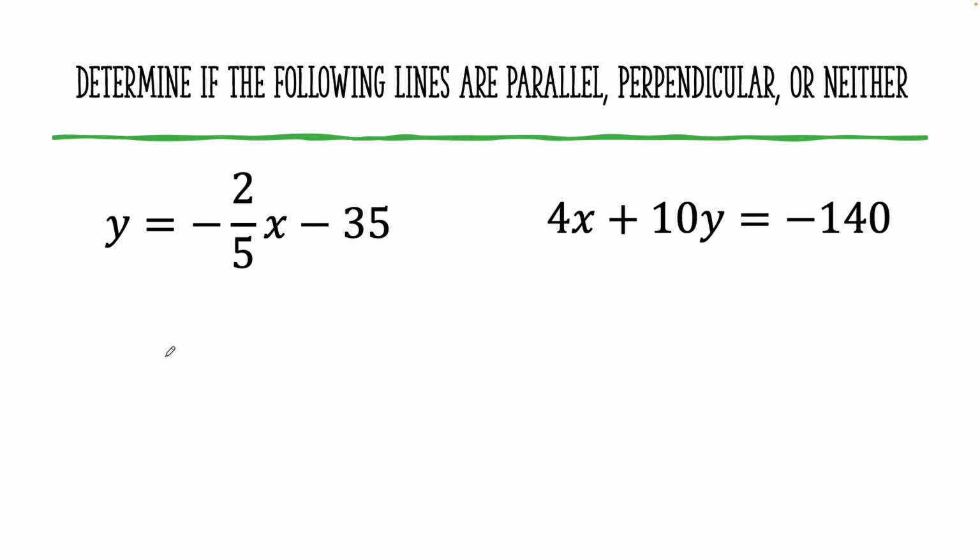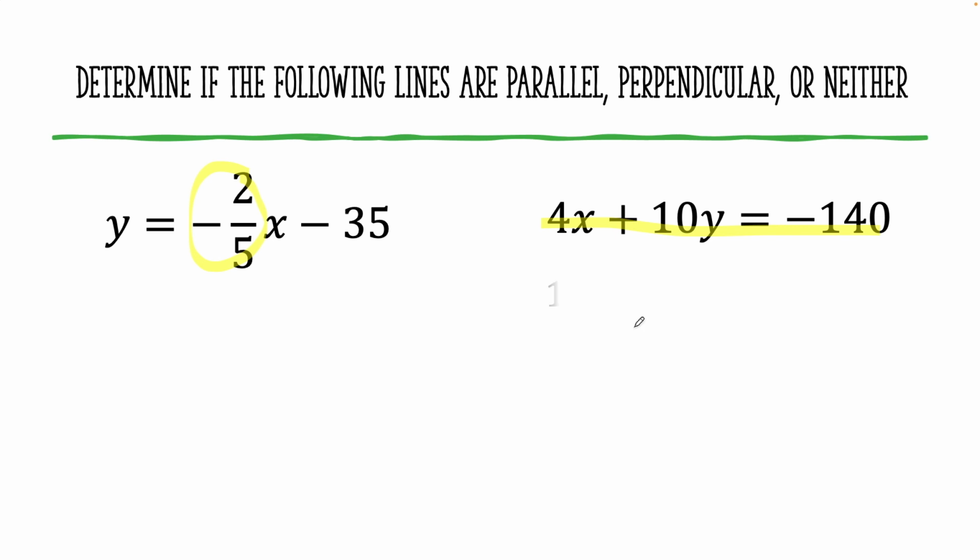Two more problems. We're going to determine if the following lines are parallel, perpendicular, or neither. So the one on the left here, it's really easy to find the slope of this one. It's just -2/5. This one's kind of all mixed up. But if we solve for y, and this is standard form, we're going to rearrange it to put it into slope-intercept form, then we can compare really easily.